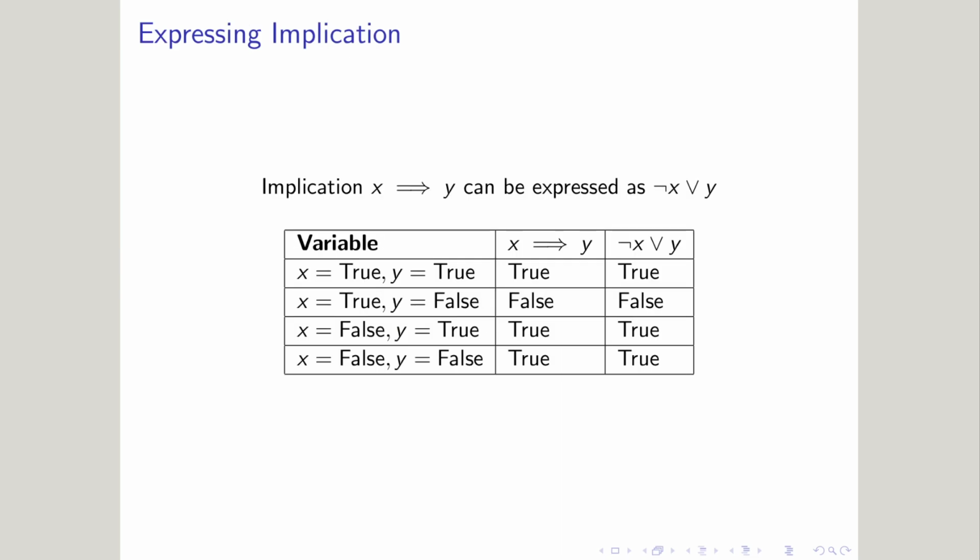Yes. So if we think about the implication or conditional statement, where we have x being the premise and y being the conclusion, you can actually express it as this, where you have not x, the premise, or y. And if you just walk through this table, you'll see why that is.